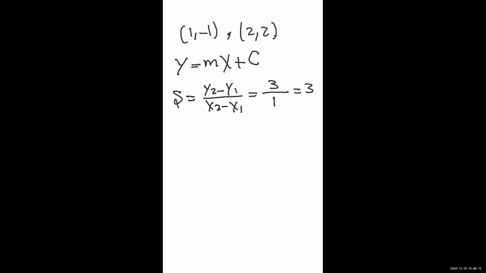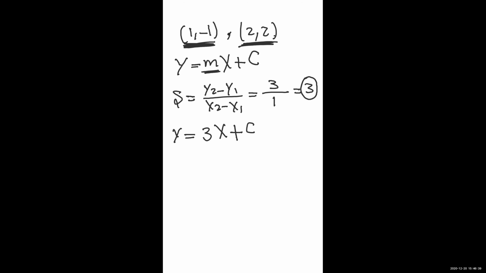Okay? Now, guys, the equation will be y equals, here the slope is 3, so m will equal 3. So 3x plus c. Are we clear till now? So now, guys, this point belongs to the straight line and this point too.